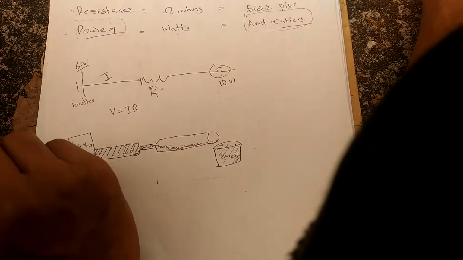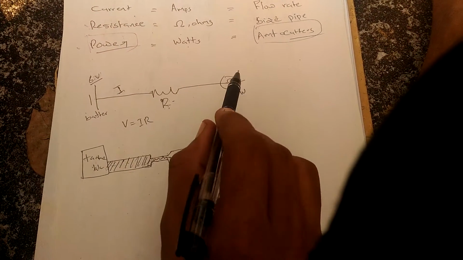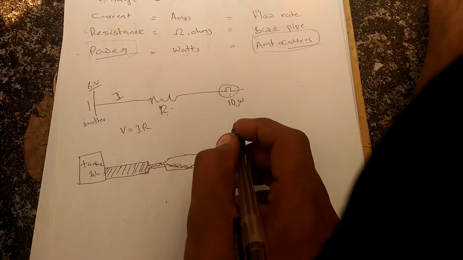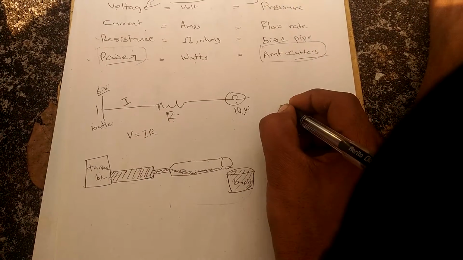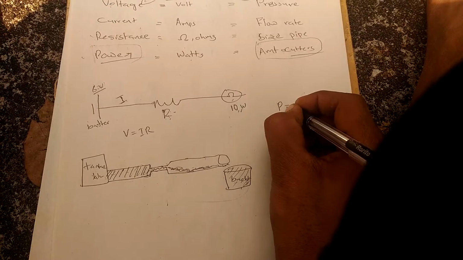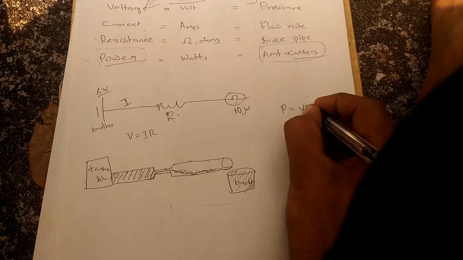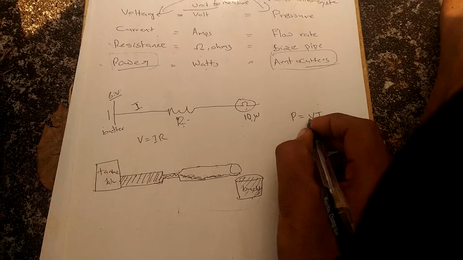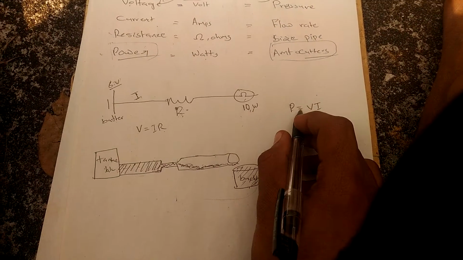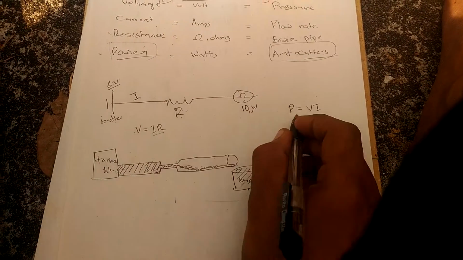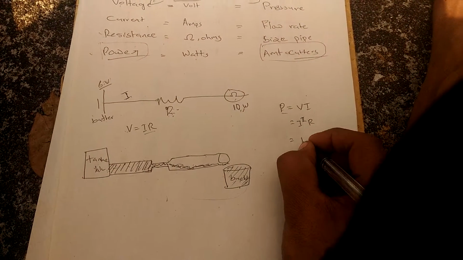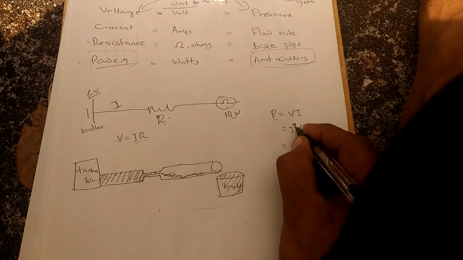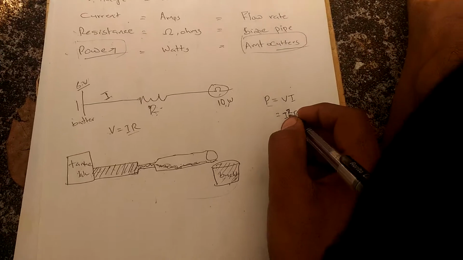To light this bulb effectively, we want to use 10 watts of power, and the power is found using the equation P = VI or I squared R. As we already said that V = IR, P, which is VI, becomes IR into I. That's how we made I squared R.